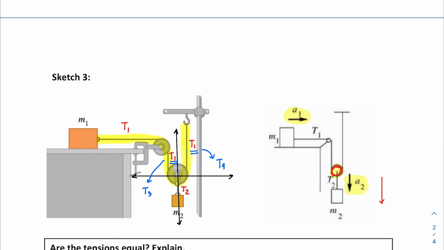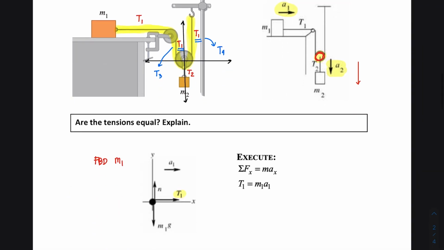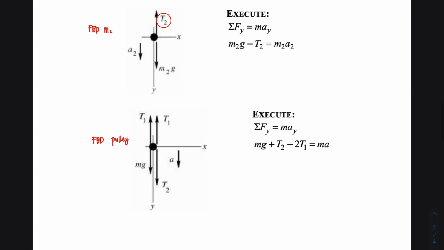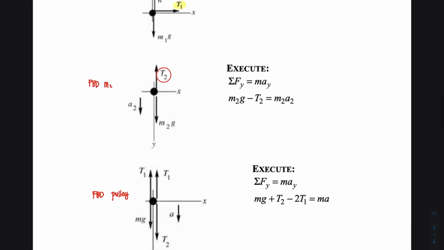Again, you might have written that if you have not realized that these are connected strings and they are basically having the same tension. So your summation of forces as well as your free body diagram should have T3 and T4 if you have not realized that they are the same tension.